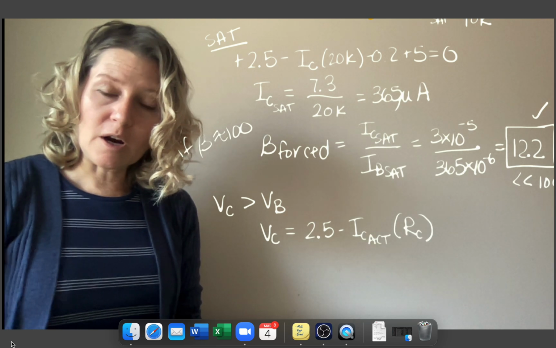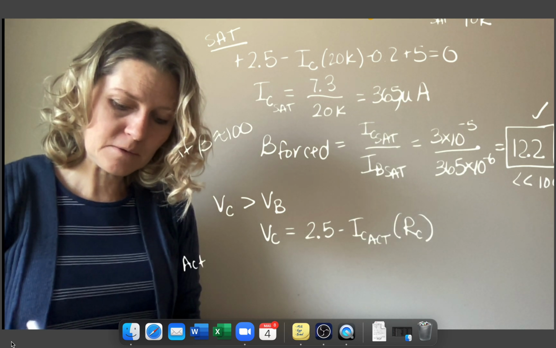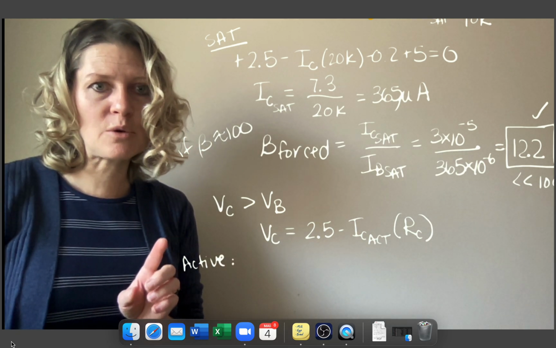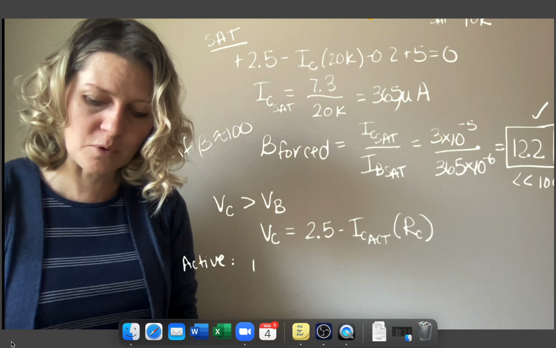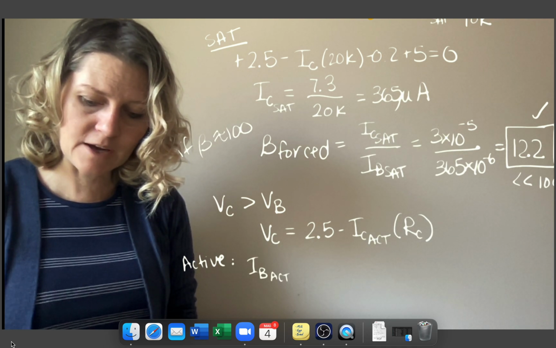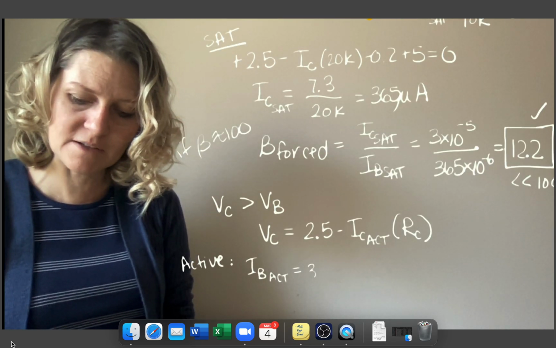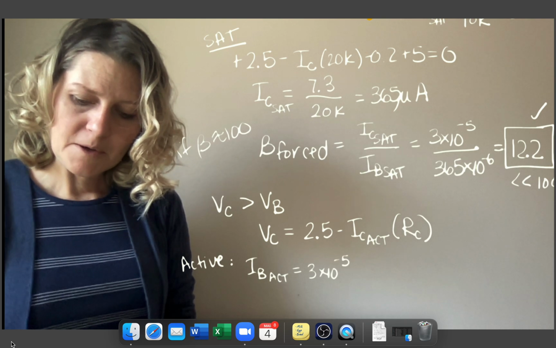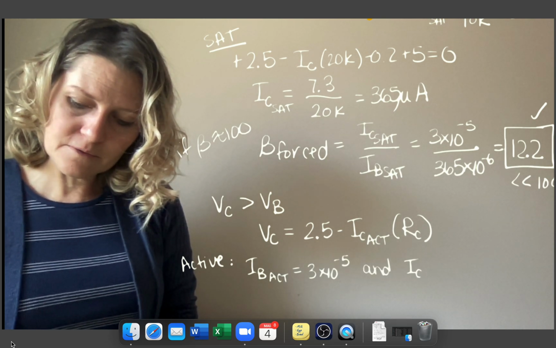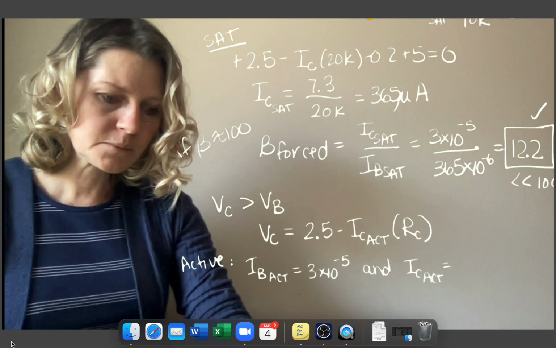So to look at now the active conditions, we're going to take that same loop from base to emitter, so we're going to get that same value for IB. So IB active is actually going to be the same value, which we found was 3 times 10 to the minus 5th. And now IC active is going to be beta IB.